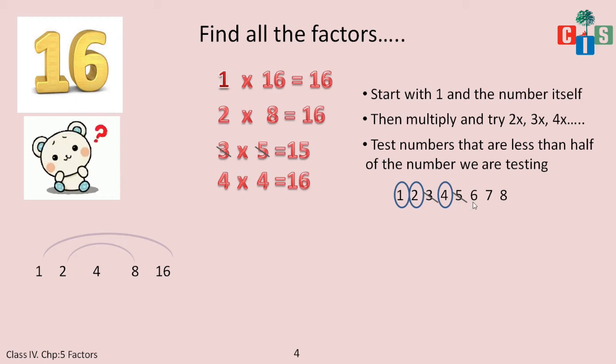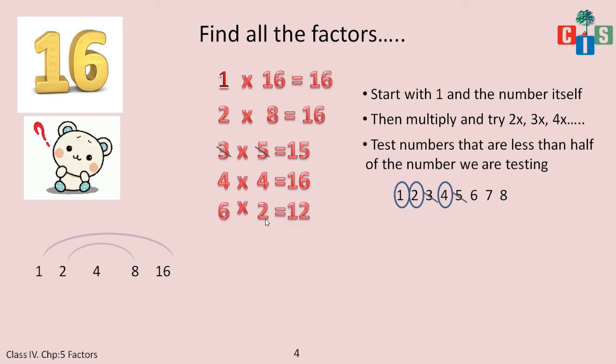Now 6 is remaining to be checked. So let's take 6's table. 6 multiplied by 2 will give me 12. We will not get 16, so 6 is also not a factor. Here 2 I will not cancel, because in 2's table I have 16 when it is multiplied by 8 times.